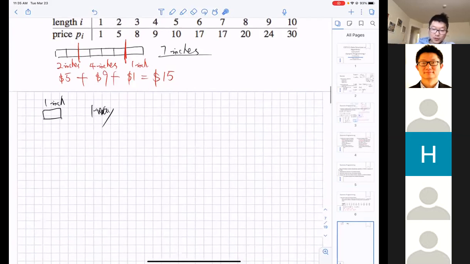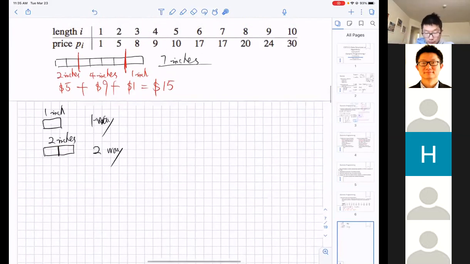Right. Then if you have a rod of length 2 inches, how many ways do you have to cut it? 2. So 2 ways: either you cut it in the middle so that you get 1 plus 1, or you sell it whole so that you get $5, right?